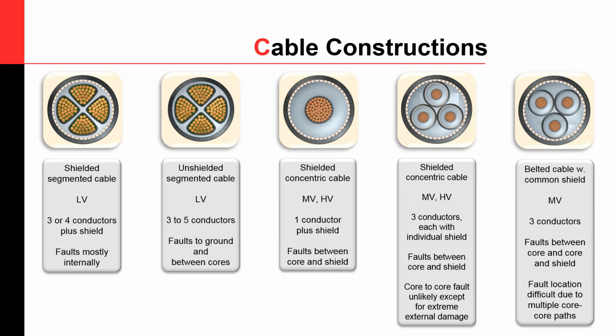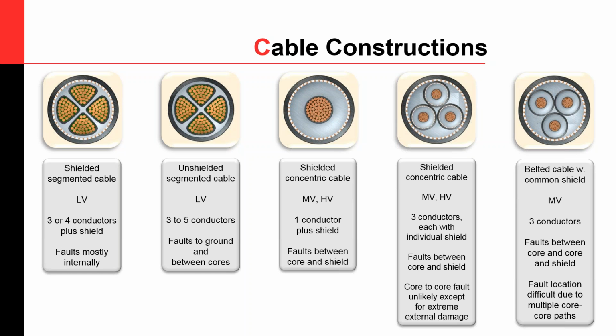So you have one conductor, then you have some sort of insulation, and then you have the shield, the stranded concentric neutral or tape shield, as we will see in a minute. And a typical failure mode is a fault between the core and the shield. Just for nomenclature, if you have a fault from the shield to the earth, that would be called a sheath fault.